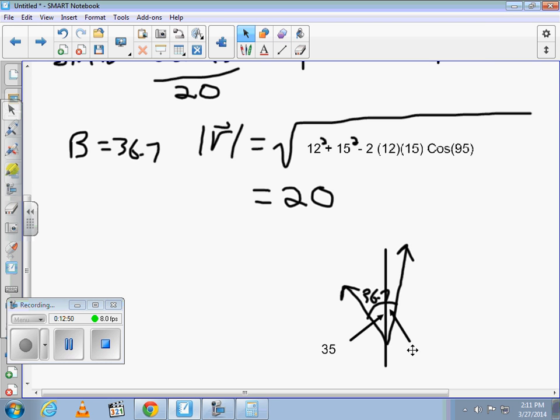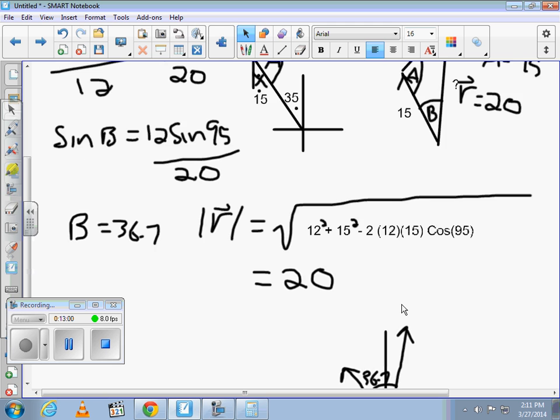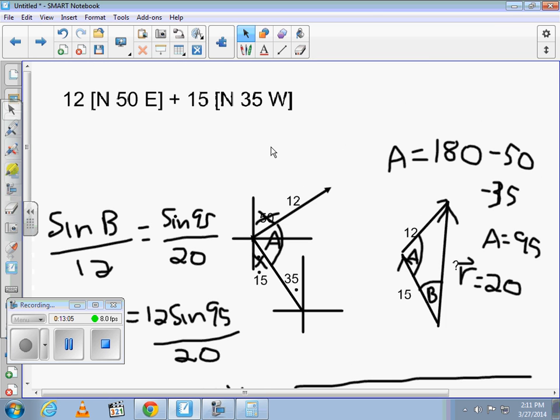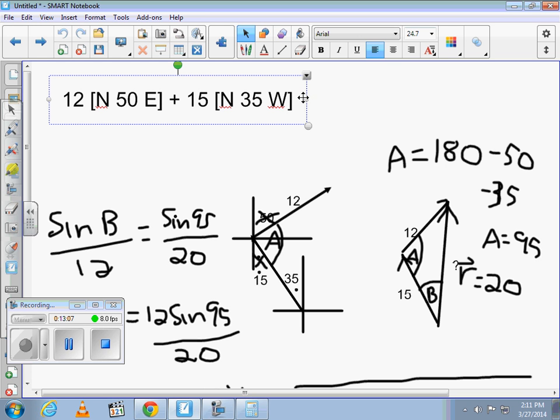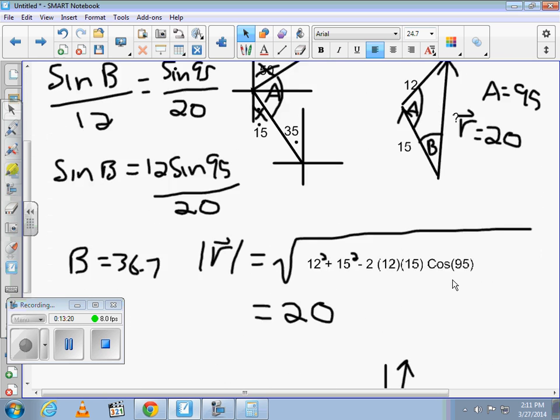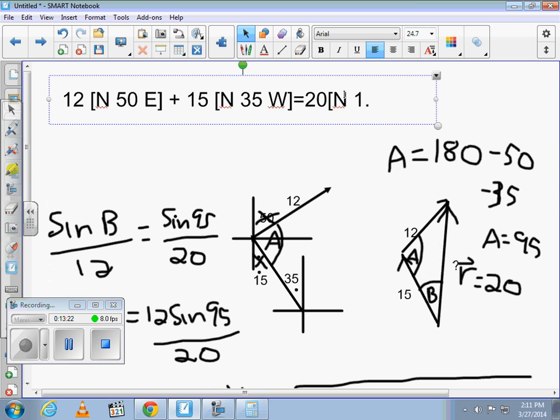That makes this angle that I'm looking for 1.7. So the 35 plus 1.7 gives us 36.7. So my final answer, when I'm adding these two vectors, is going to be a magnitude of 20 at a direction north, 1.7 degrees east.